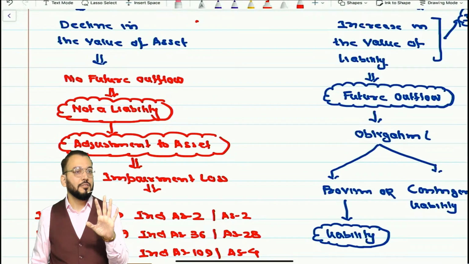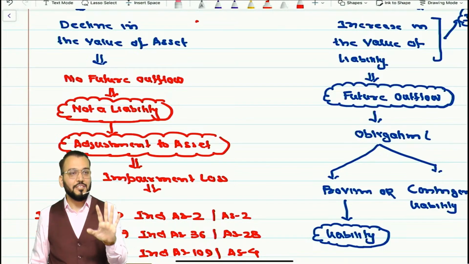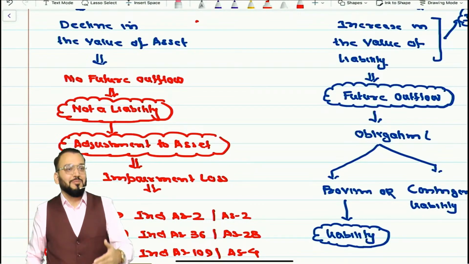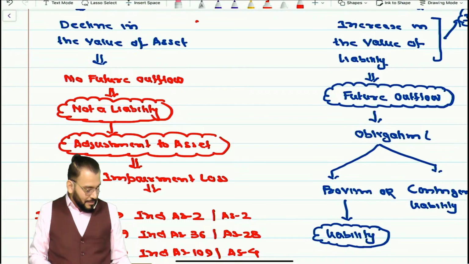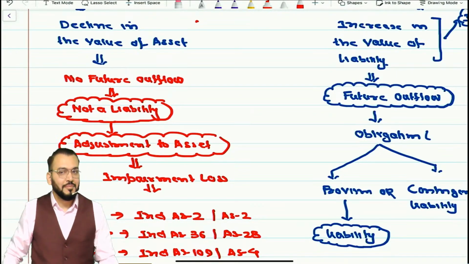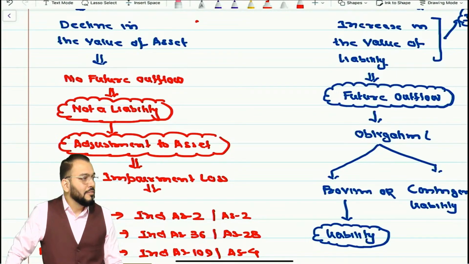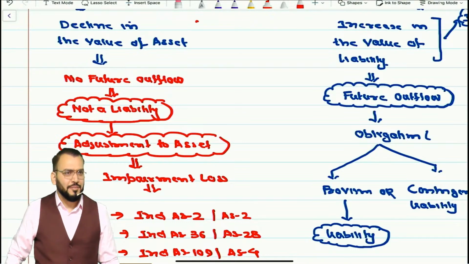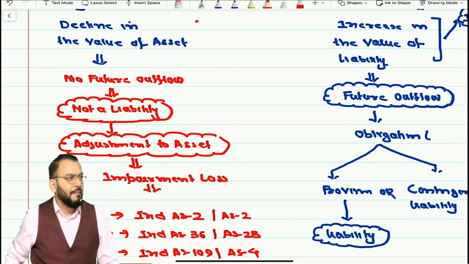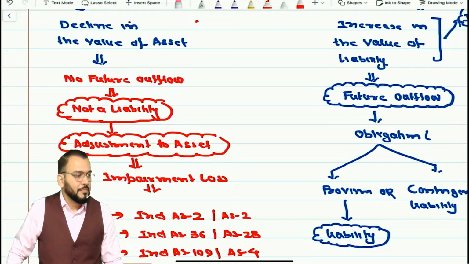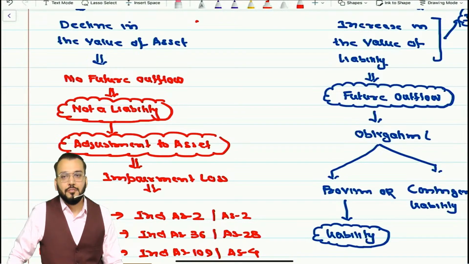Raise your hand first. I need to first see how many of you are answering. Let others also think. Equal opportunity should be given to everyone. How many of you want to answer? Raise your hand. Only one, after so much discussion.